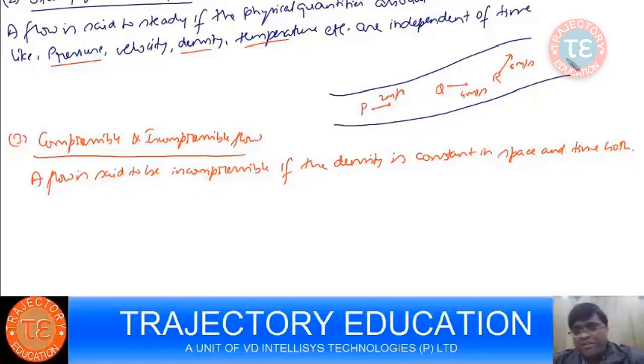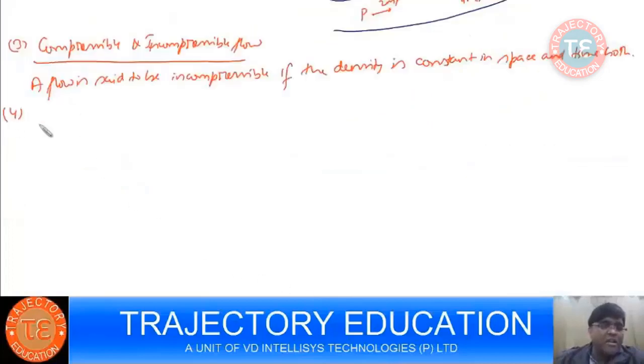Density at every point is the same and at every time is the same. Density should not be space or time varying. That's called compressible and incompressible flow.